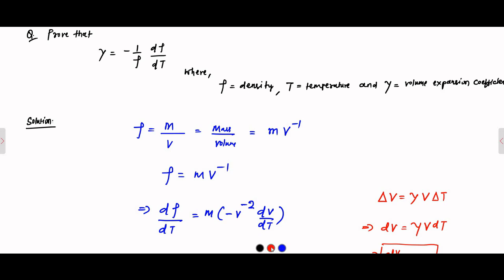Volume of a substance can change with respect to temperature, which is volumetric expansion as per this relationship. So here we differentiated volume with respect to temperature and we got this, using the chain rule and the concept of implicit differentiation. So mass is constant, we got minus V to the power minus 2 dV by dT. Okay, so this is the result.